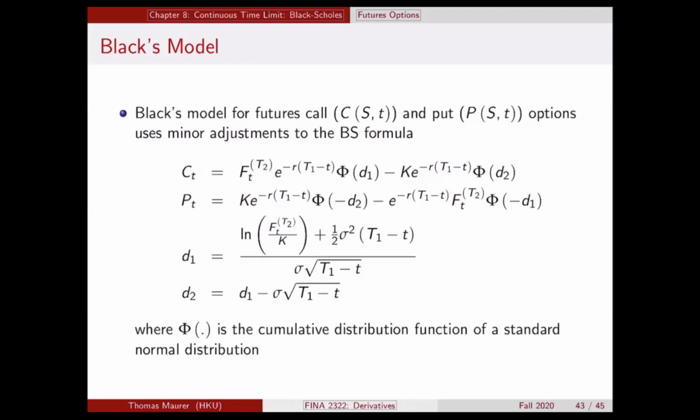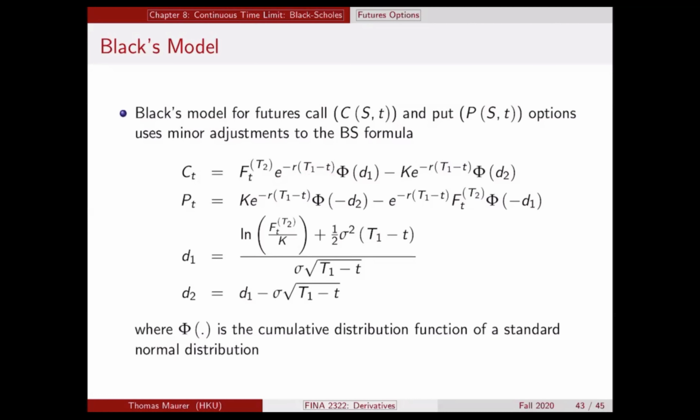So let's look at Black. Again, this is Fisher Black. His model on options written on futures contracts. So a futures call option takes actually a very similar form to what we have seen before. Instead of having the underlying price, we have here now the futures price, which is the underlying of that option. And now we need to discount that futures by the risk-free asset.